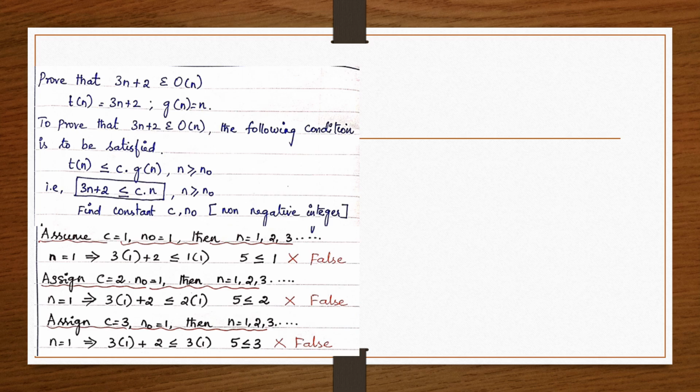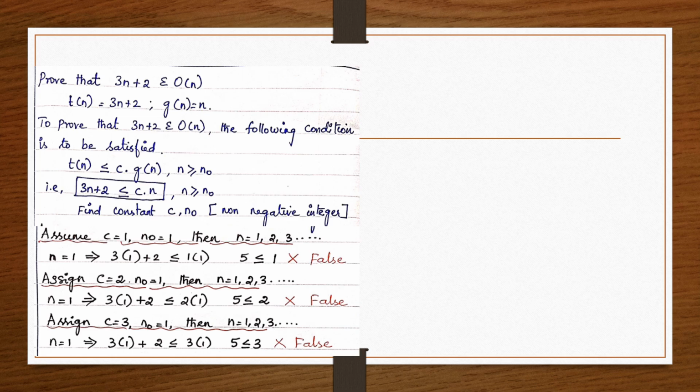We apply the value of T of n, which is 3n plus 2. So 3n plus 2 should be less than or equal to some constant times g of n, and g of n is n. Now we need to find the constant value c and n naught, which is a non-negative integer. We will do it by trial and error method.